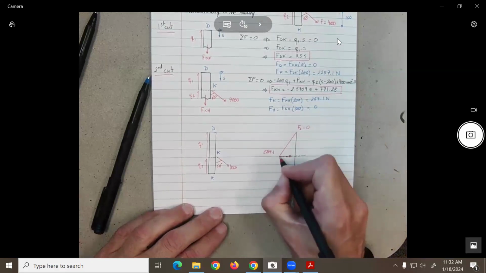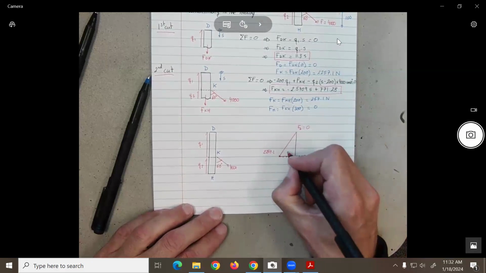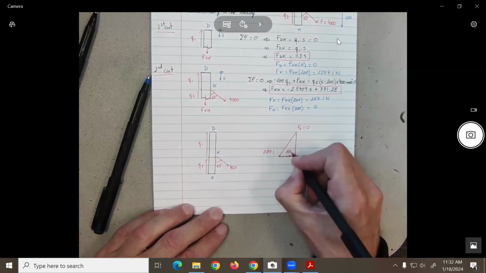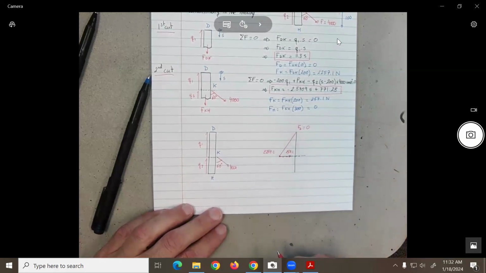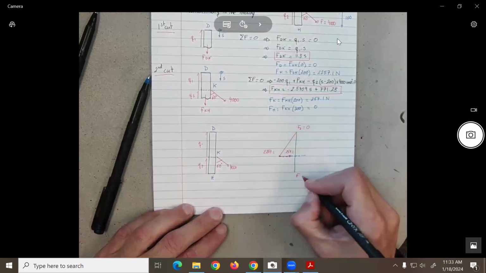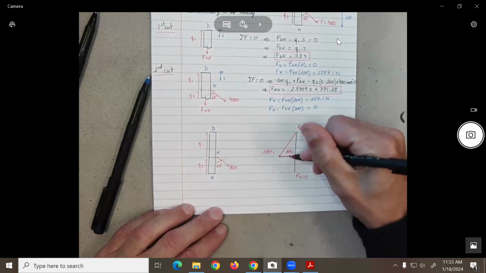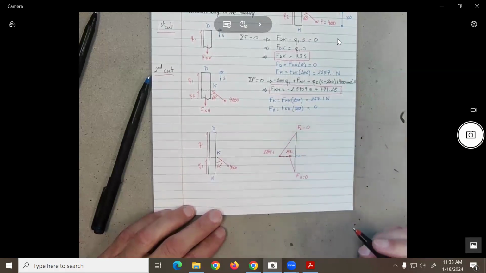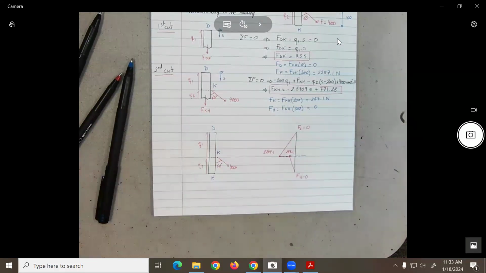And this load goes over here now to be equal to 257.1. And then we know here that F of H is also 0. So this should be the load distribution in that member.